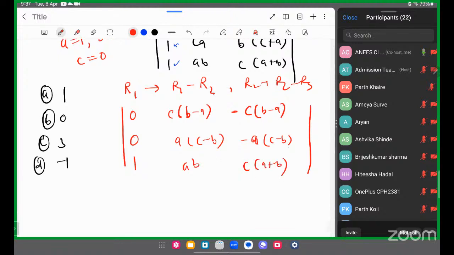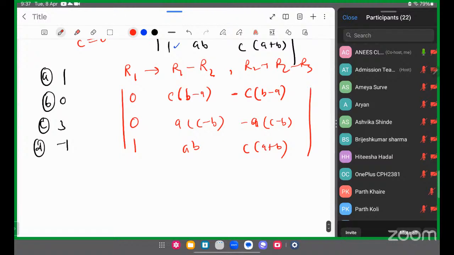Now you can take common outside from this and this.